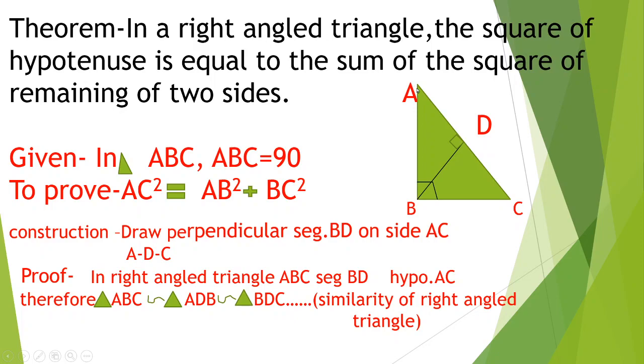So all three triangles are similar to each other by the similarity of right angle triangle property. The reason: similarity of right angle triangle.